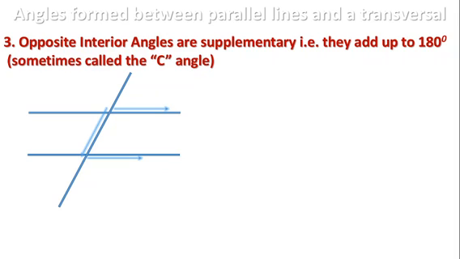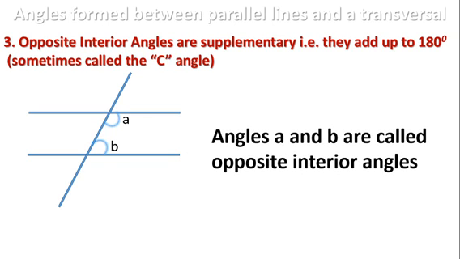So the angle inside here and the angle inside here, if you add them together you will get 180 degrees. We can call the angle in here A and the angle here B. If you add A and B together, because they are opposite angles and they are interior angles, they'll give you 180 degrees. Please don't forget this. Opposite interior angles are supplementary, or they add up to give you 180 degrees.